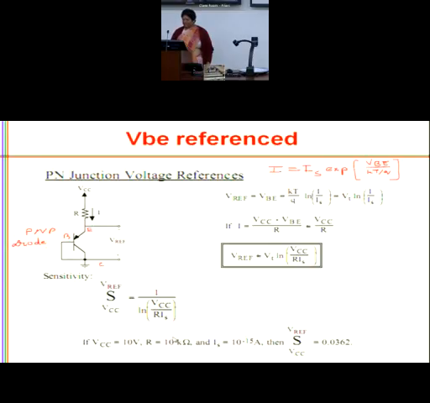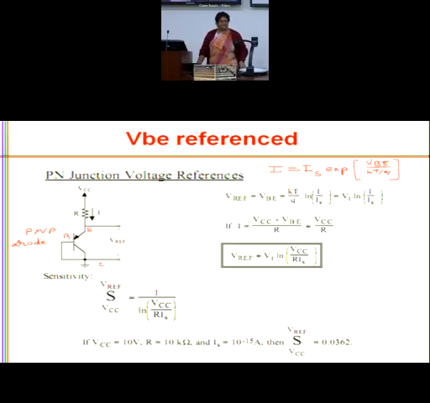When I do that, suppose my design has a VCC of 10, R of 10, IS of 10 femtoamperes. I get my sensitivity as 0.0362. So even if you get the correct result, it would be somewhere close to this.